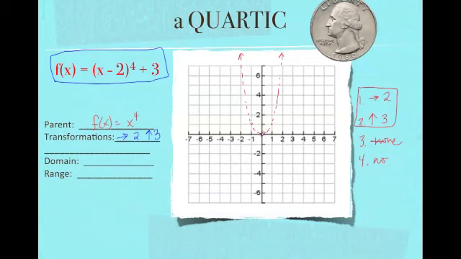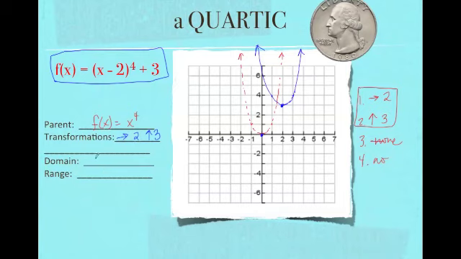So here's my vertex, and I'm going to go to the right 2 and up 3. And then I'm going to pick these little points. And you could get a few more points on your calculator. Okay, so that's pretty much what that one would look like.